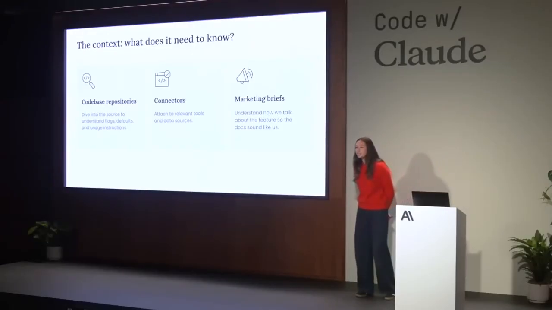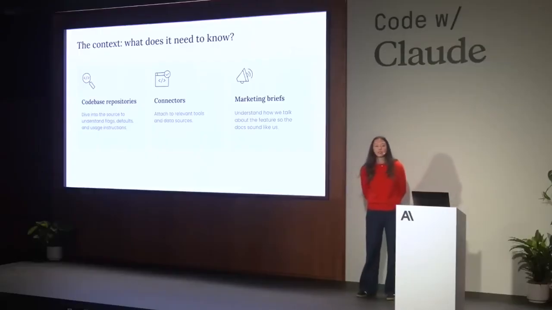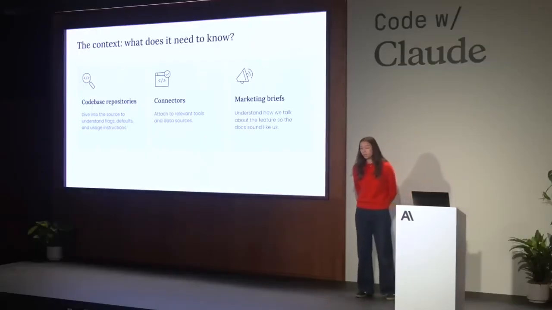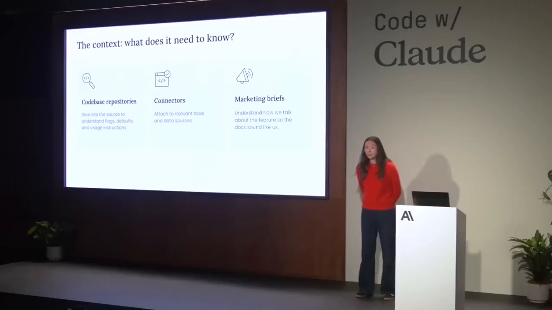Next, you might want to provide additional context to these sessions. Maybe for this one example, I want Claude to have access to all of our existing marketing briefs. Maybe I want Claude to use similar language and verbiage that we use in other marketing materials externally at Anthropic. So maybe all of this lives inside of Google Drive, and I'll want to give Claude access to these files during the session, so I'll hook up the Drive connector.